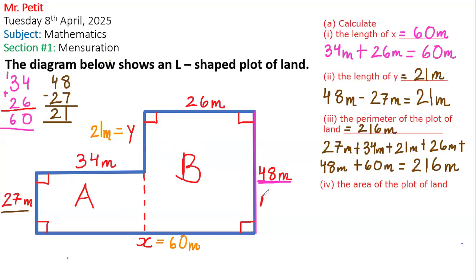So what is the area of A? The area of A is going to be 27 multiplied by 34, because that's length times width. So 34 meters multiplied by 27 meters.